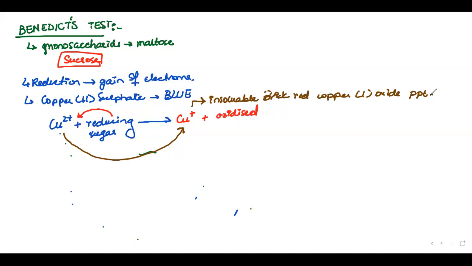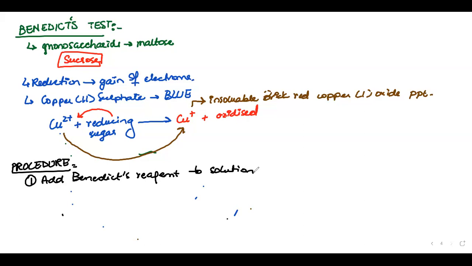What is the procedure that we use for actually doing our Benedict's test, right? What procedure do we follow? The procedure is that we always start by adding our Benedict's reagent to the solution we're testing, and then we heat it in a water bath.